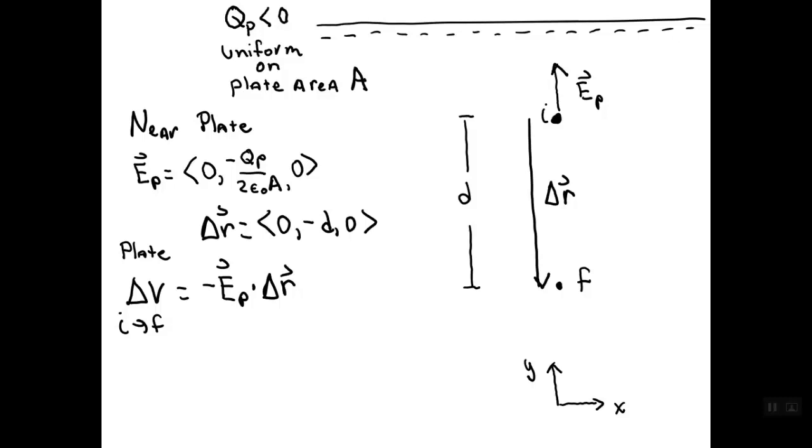So we can take the scalar product and find delta V due to the plate. Notice this is greater than 0, which makes sense because delta V is always positive when the displacement is pointed oppositely to the electric field.